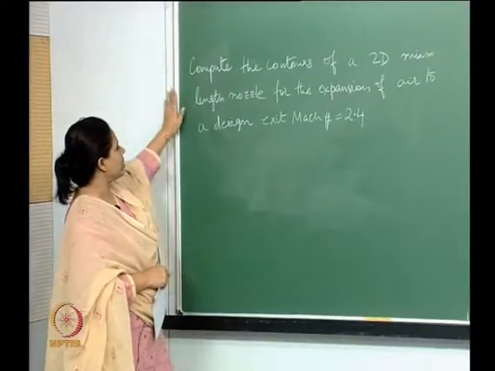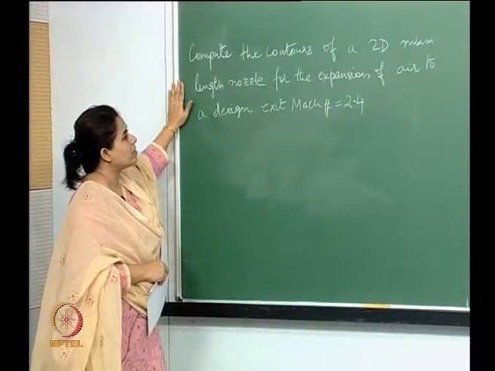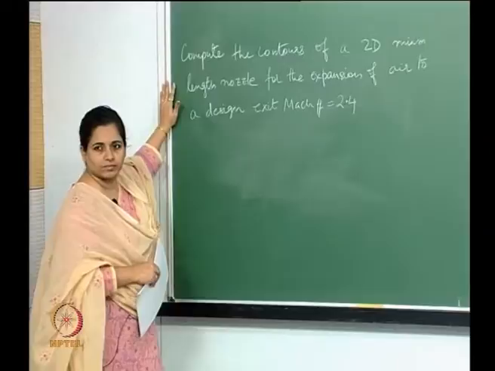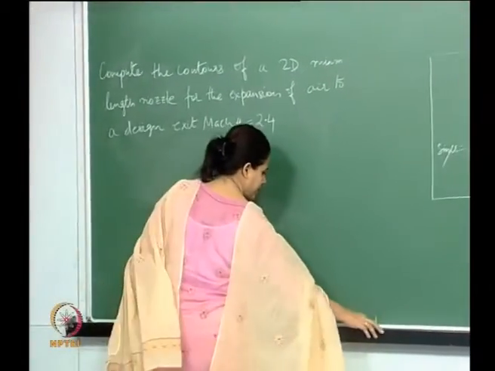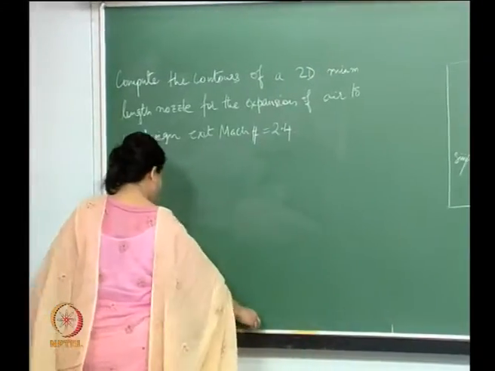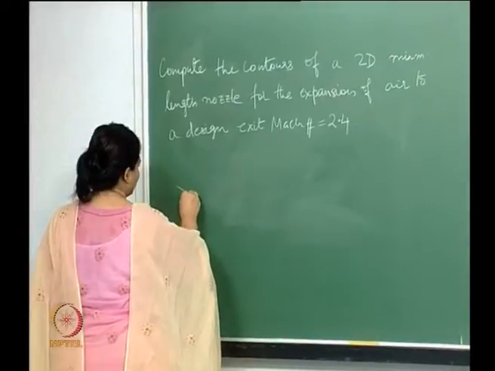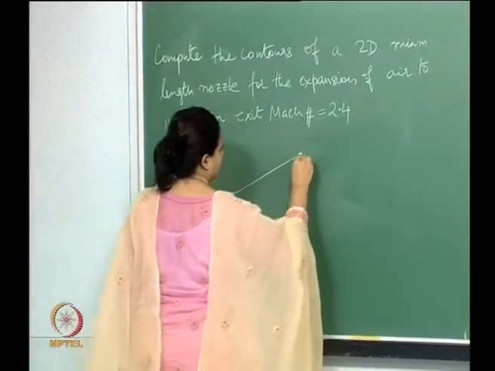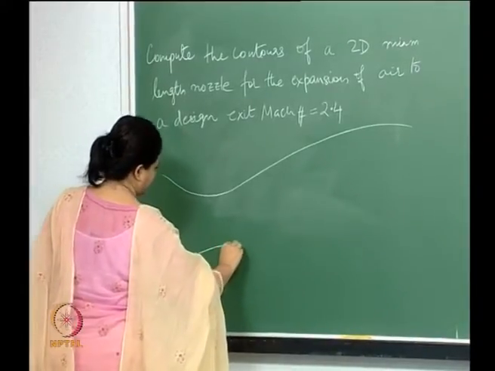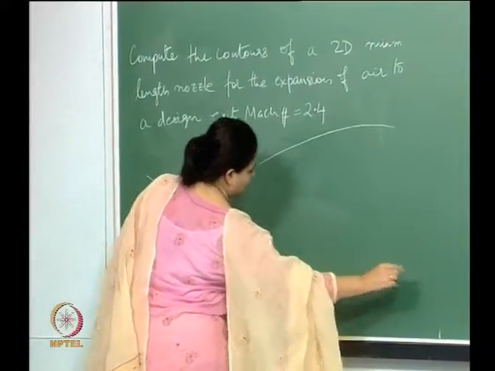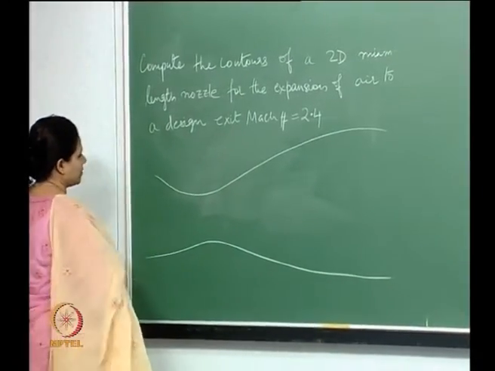That is what this is about, but there is something here which I need to explain. What is this 2D minimum length nozzle? What does this mean? Let us see. For example, this is the converging divergent nozzle.